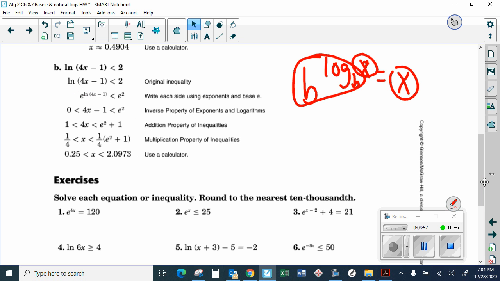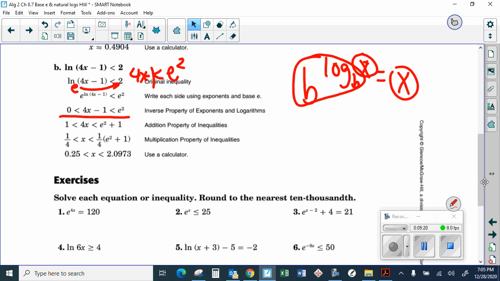Now, let's say you forget that. That's okay. Anytime I do a logarithmic equation or an inequality, I change to exponential form. So I put an e there. How do I change that to exponential form then? It's e to that power, e squared is greater than 4x minus 1. And then I get the exact same thing right there.